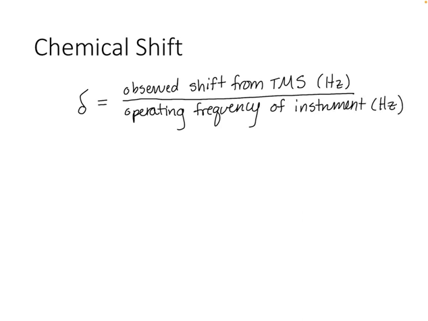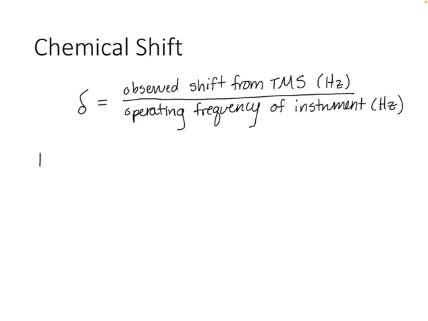So instruments can have different operating frequencies. For instance, you might have an operating frequency of 300 megahertz. You could have an operating frequency of 60 megahertz. Again, it kind of depends on how strong your instrument is or how strong the magnets are in your instrument.